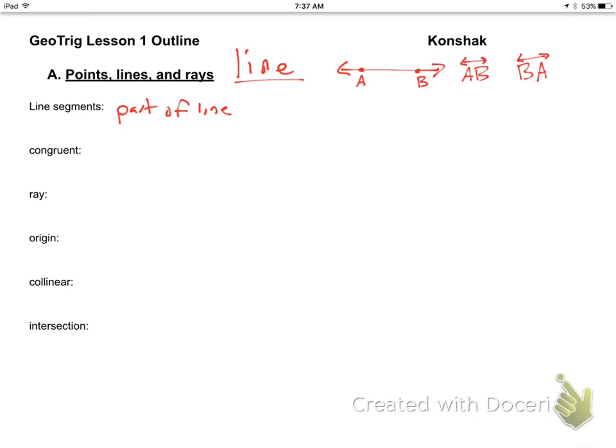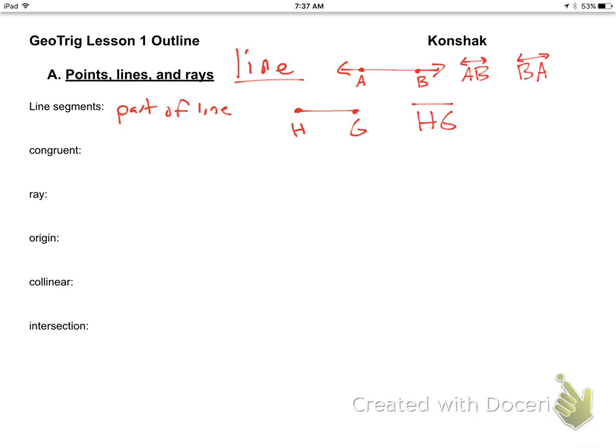It starts and stops. So now if I have points that are connected, so H, G. Now we have line segment HG.